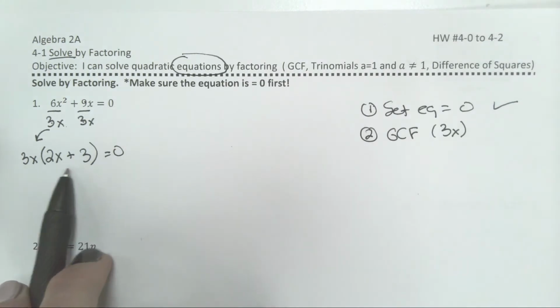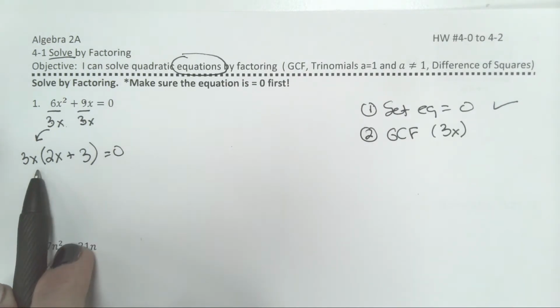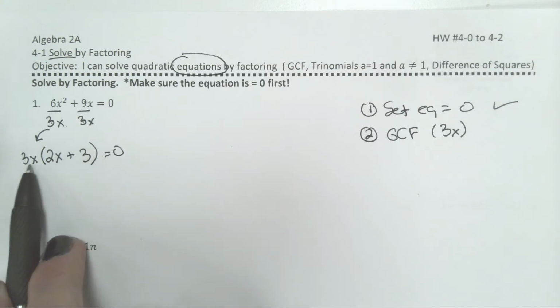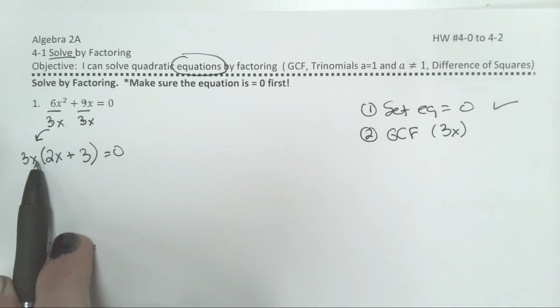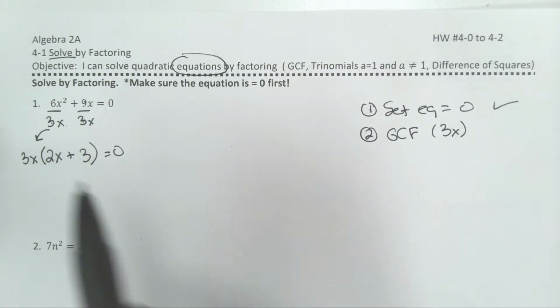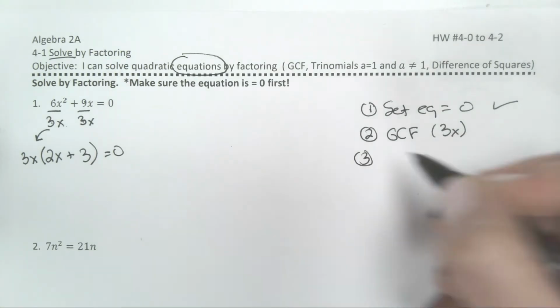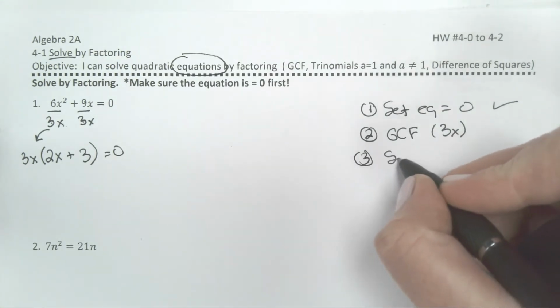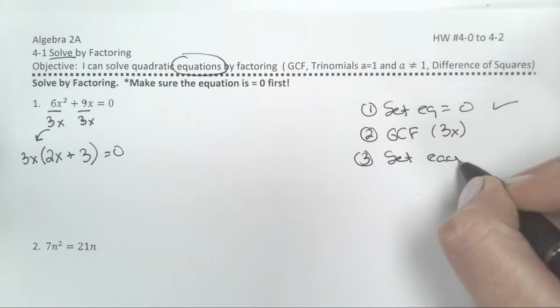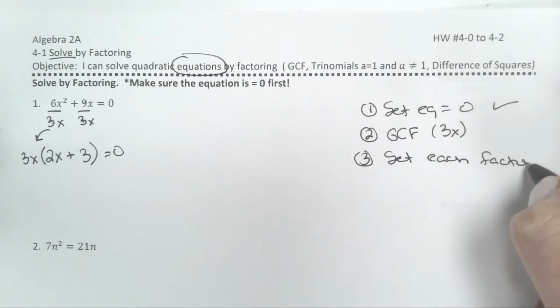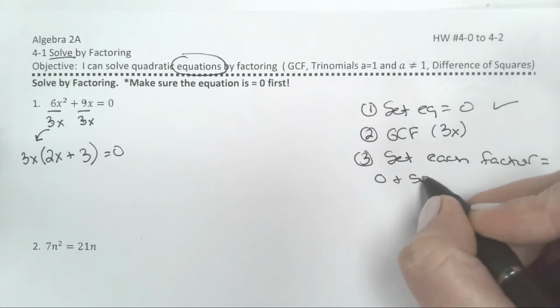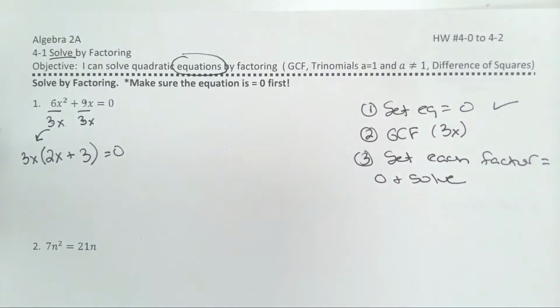We use this thing called the zero product property. So once you have your terms factored, step 3, we're going to set each factor equal to 0 and solve.